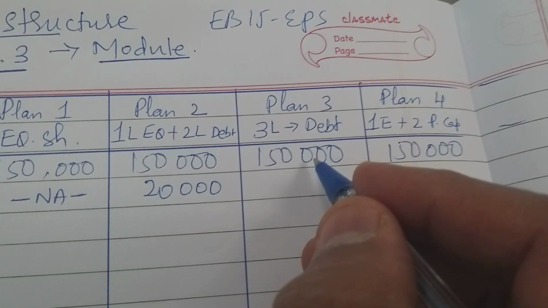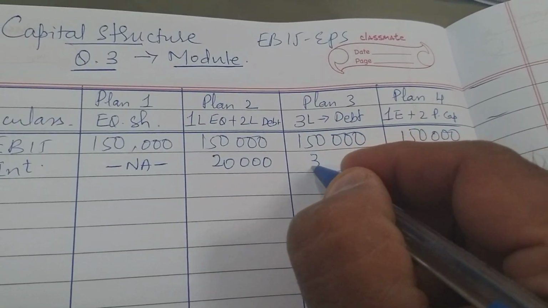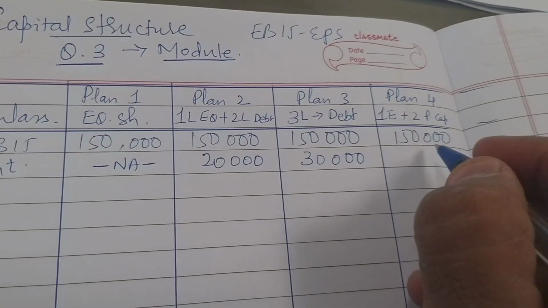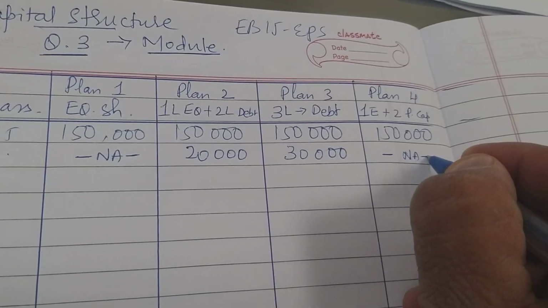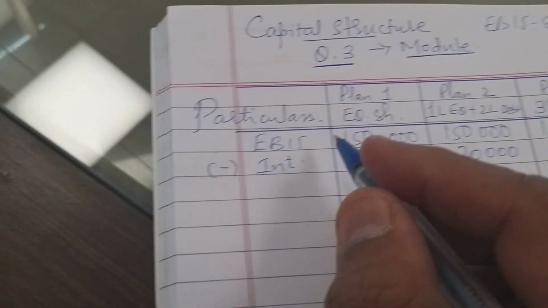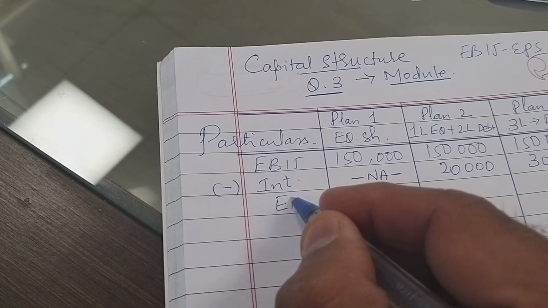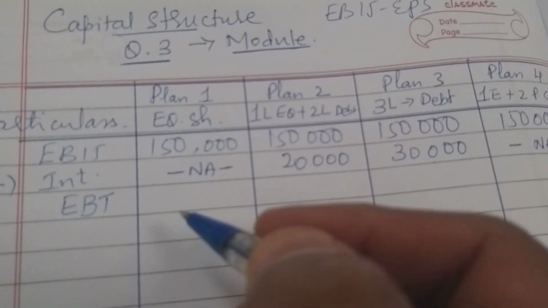In plan 3, the entire 3 lakhs is debt, so the interest is 30,000. In plan 4, there is no debt because we are talking about preference, so interest is not applicable. EBIT minus I gives us earnings after interest, or earnings before tax.